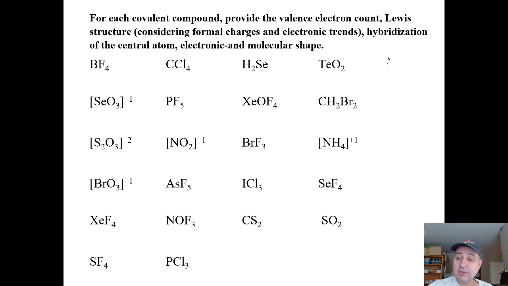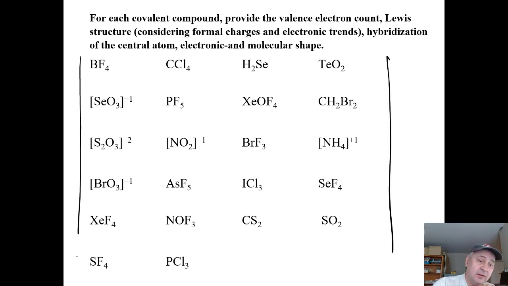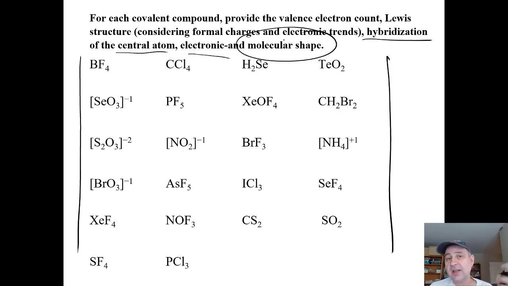At this point, you have got to practice that. Here's a ton for you to practice. Those are simple with central atoms. I also ask for hybridization of the central atom as well as the molecular shape. That's in the next lecture. But for now, just practice drawing these Lewis structures.